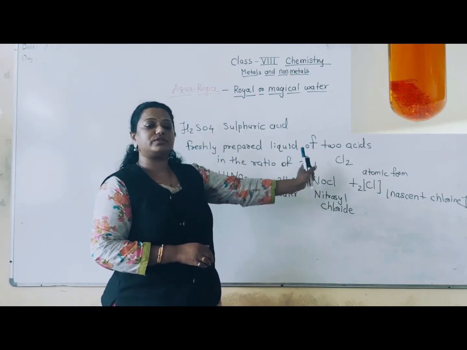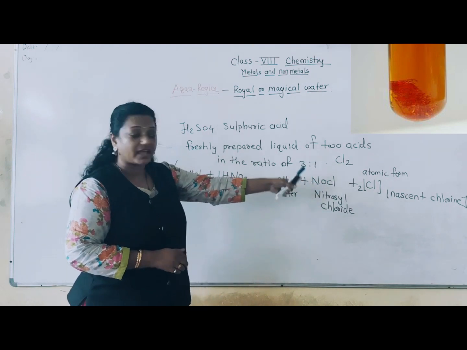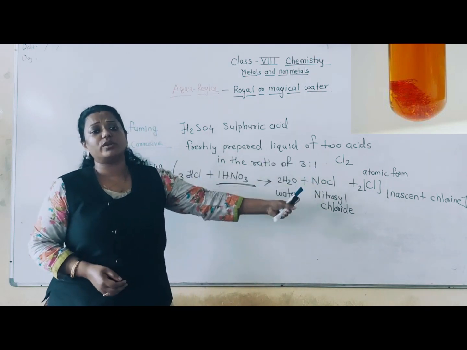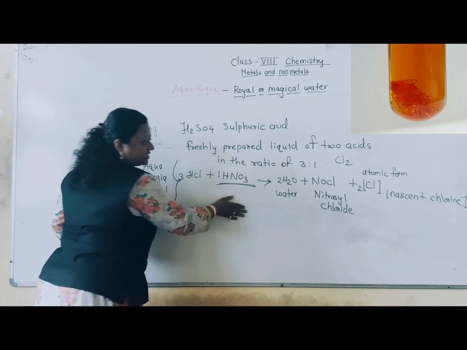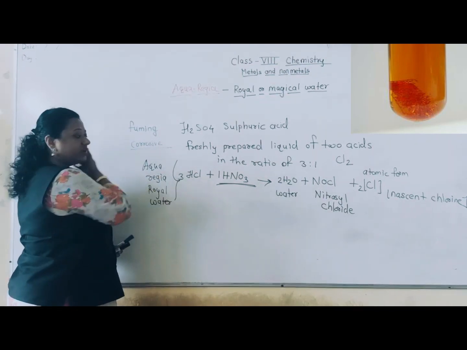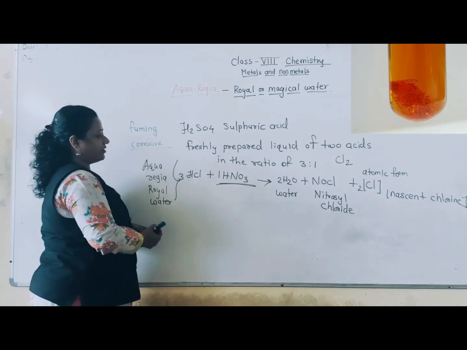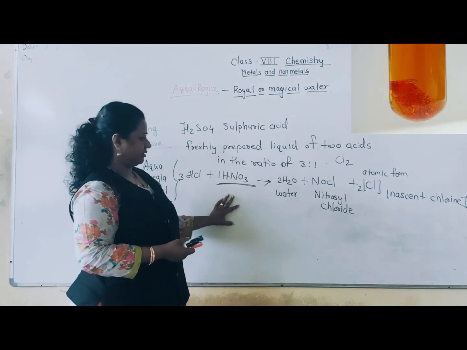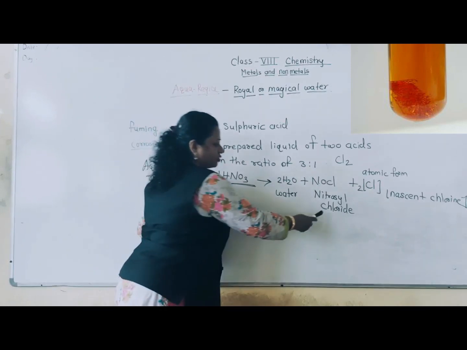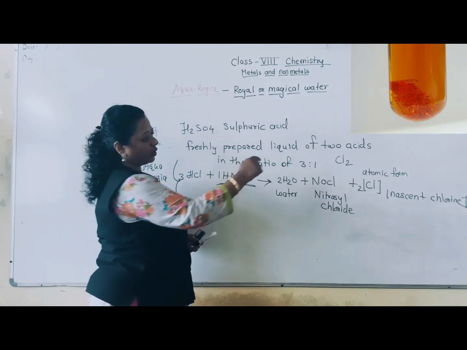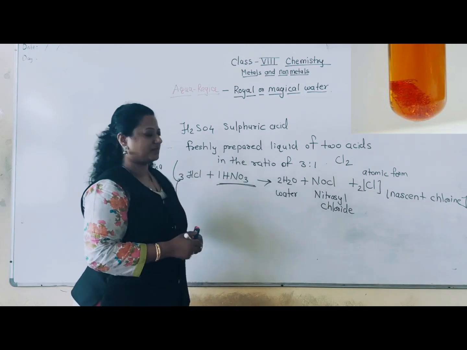It is a very rare case to see chlorine or oxygen in the nascent form. So in this reaction, three molecules of hydrochloric acid react with one molecule of nitric acid. Water is formed, then nitrosyl chloride is formed, and chlorine in the atomic form is released.